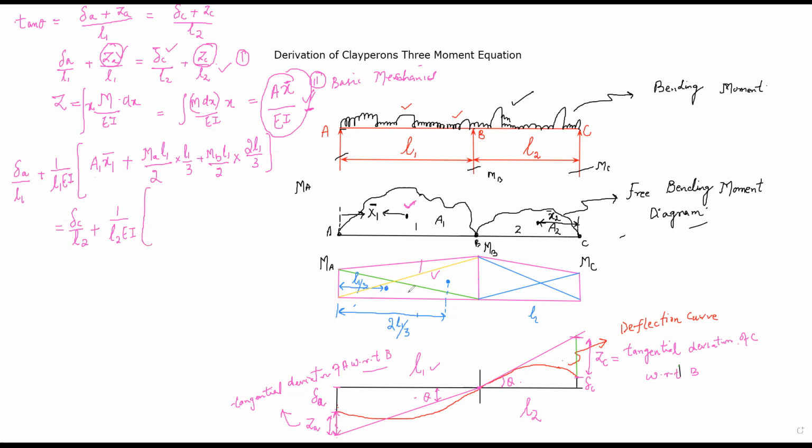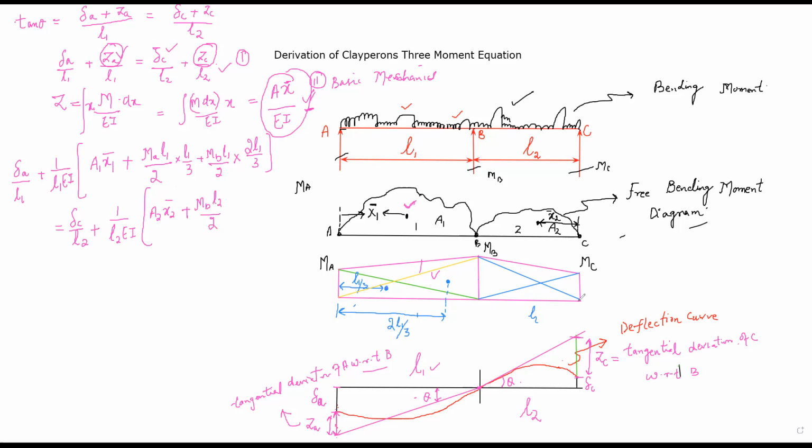Multiplied by, so first expression is A2 and X2. Because why you are taking here X2? Because here the tangential deviation is ZC. So you have to take all the centroidal distances from ZC. So it will be A2 X2 bar, plus the area of this right angle triangle first, that is MB into L2 divided by 2.